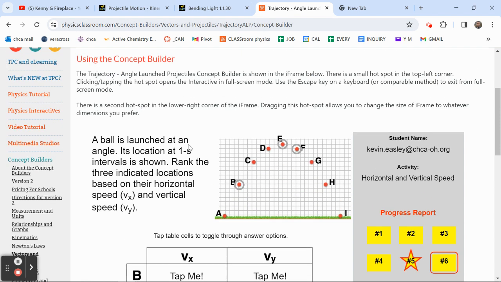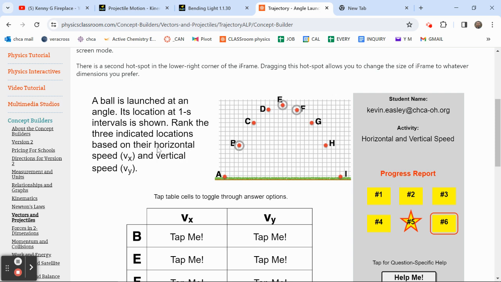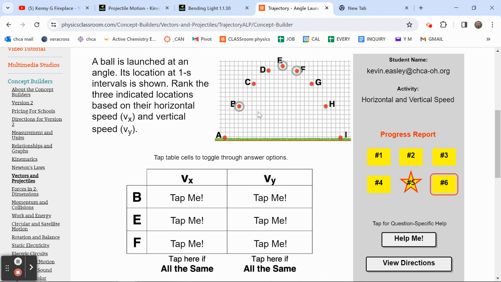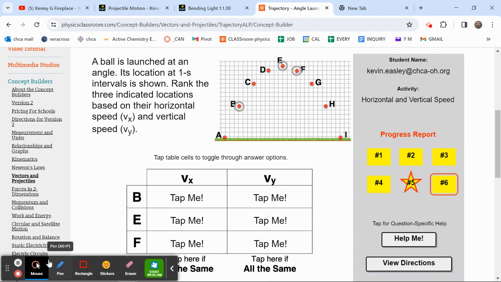In this other question type, it says rank the 3 indicated locations based on the horizontal speed Vx and vertical speed Vy. So Vx should be easy. Remember, whatever's happening on the x-axis, once it leaves the ground, that velocity stays identical the entire time, all the way through.